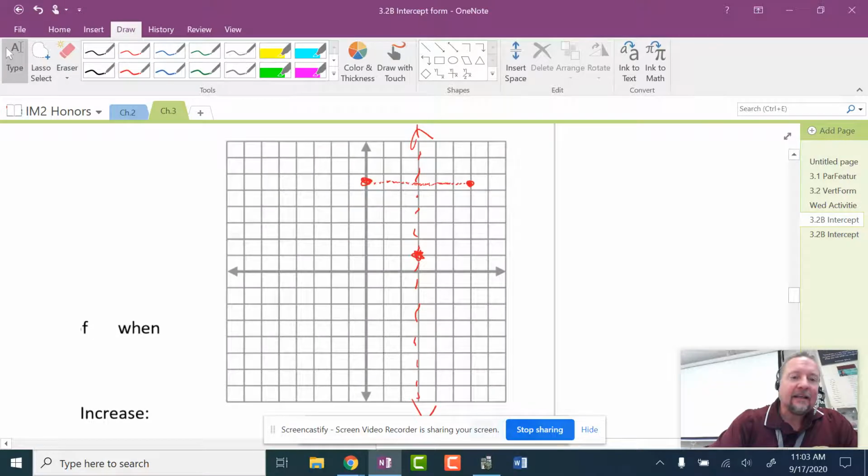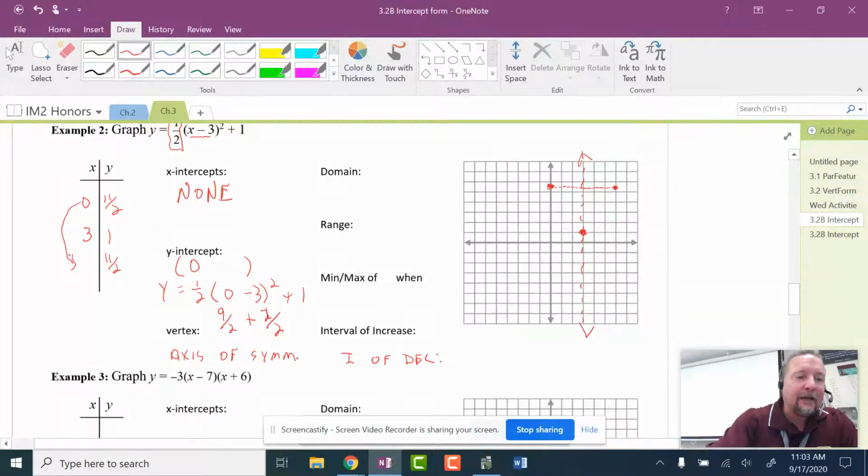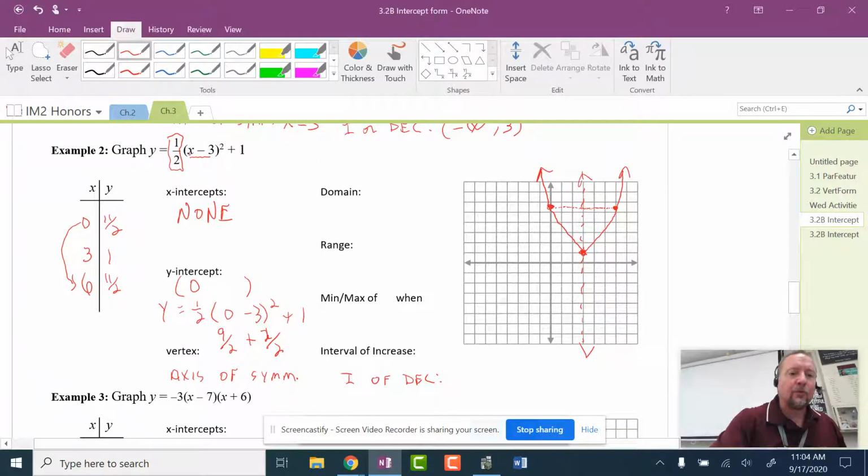Okay. And then you can prove it by plugging it in, input, output. I don't really have hard, fast rules how many coordinates you have to plug in. Minimum would be 3, to get this picture drawn. And you can use symmetry to find that other coordinate. It's very easy to see that this is true. 6 minus 3 is 3. 3 squared is 9. You have 9 times a half plus 1 again. That's why you end up getting the same y coordinate.